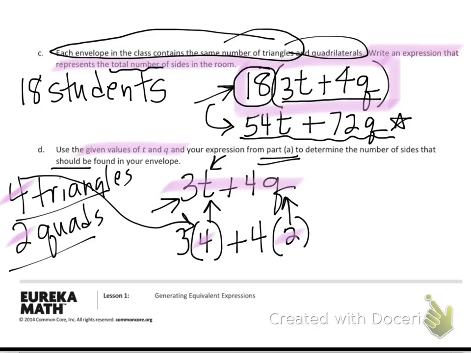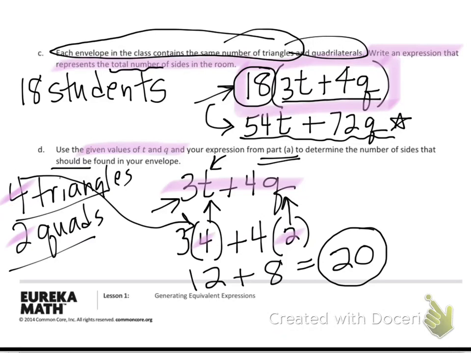And with that plugging in, that's 12 plus 8, which equals 20. So each of our envelopes, which contain 4 triangles and 2 quadrilaterals, has 20 sides.